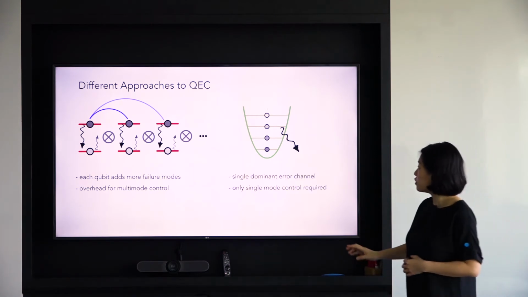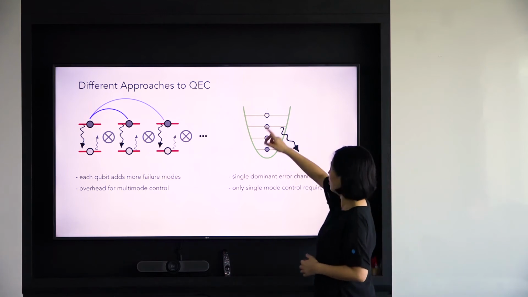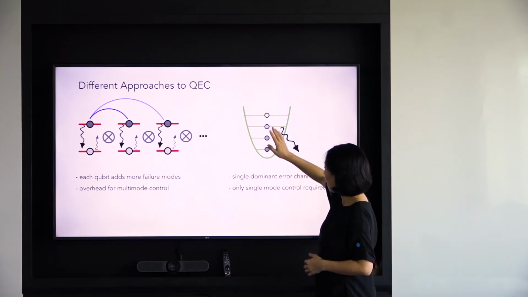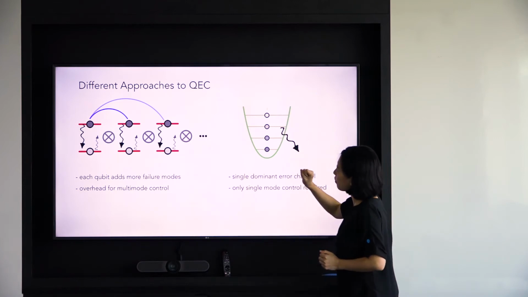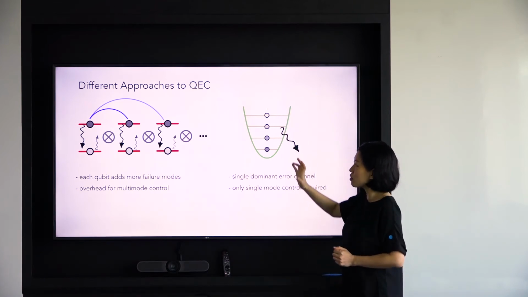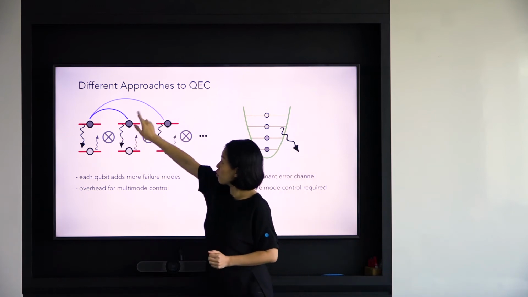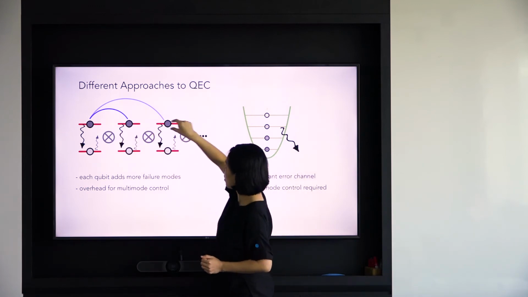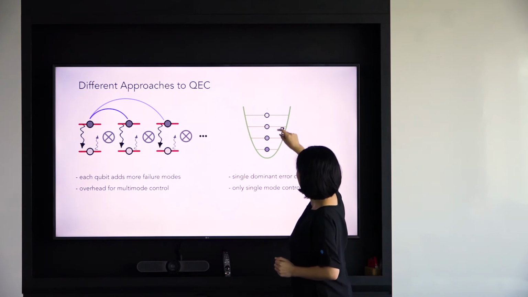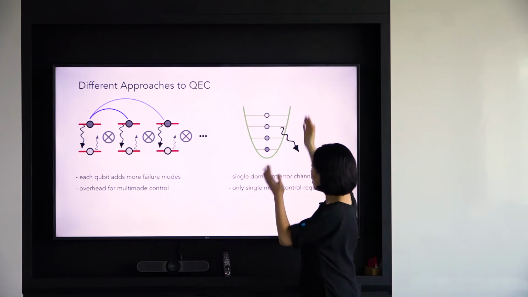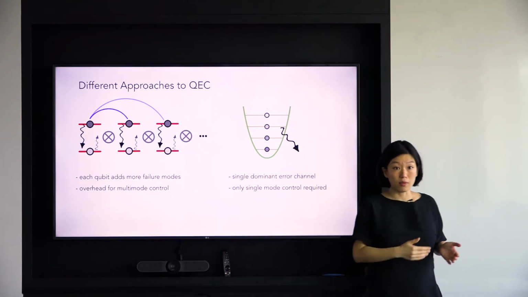The alternative is to use, say, a single hardware. In this case, it is a cavity that we've met earlier, and use different levels of it, right? So conceptually, it is maybe not so different, right? Because here we're adding more levels. This is one transition, another one, and another one. So here you can imagine if I have some way to individually manipulate them, then I have different transitions that are available within one single hardware as well.